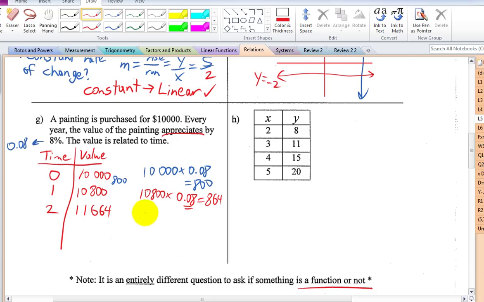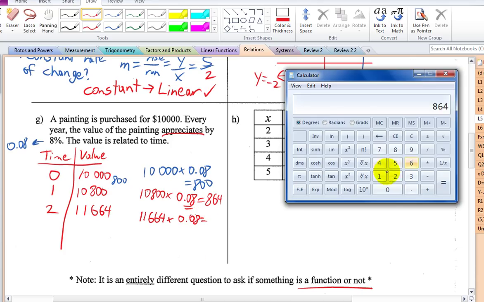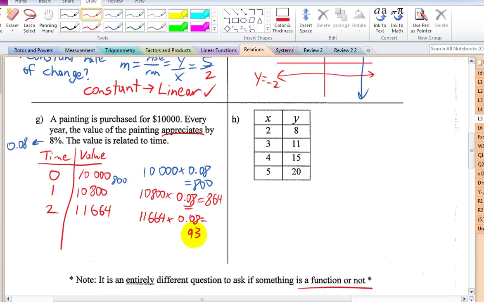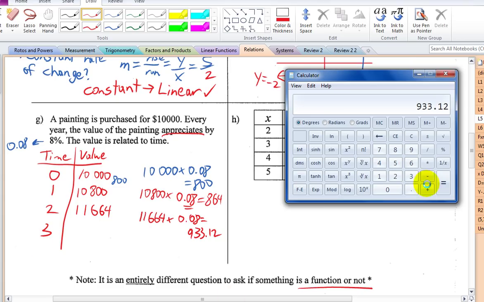So to go for the 3rd year, you're going to take a higher valued painting and go up by 8%. So this year, you're going to increase by more. And that's where the trouble is. You're not going up by a constant amount. Each year, you're going up by more.